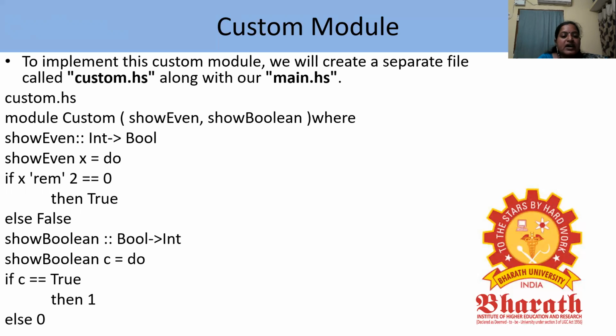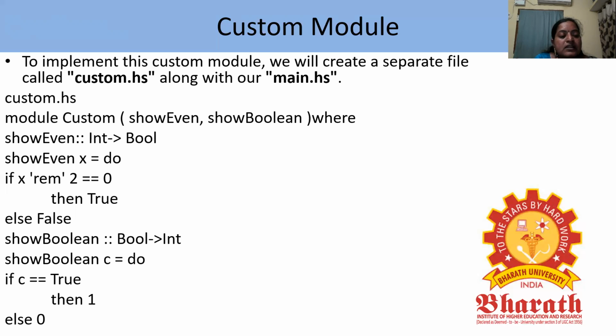Where. So where means we are going to define those functions separately. showEven double colon, the input is Integer, the output of that function is Bool, and that is the function declaration. Then showEven x = if x mod 2 == 0 then True else False.